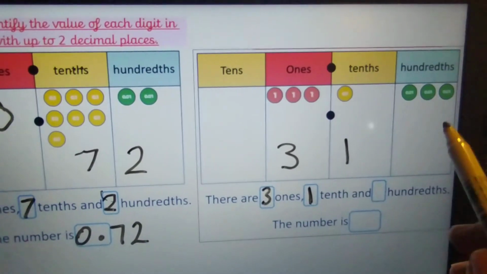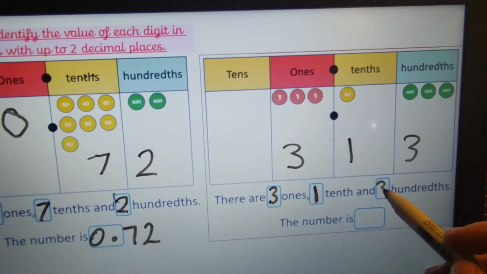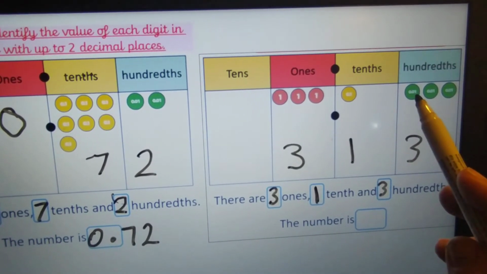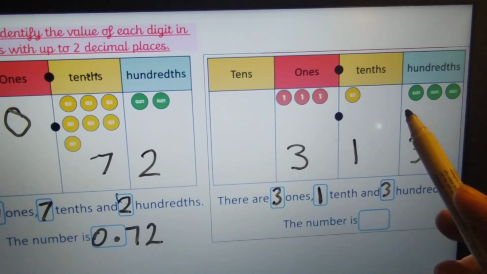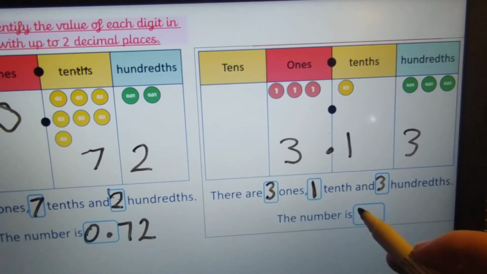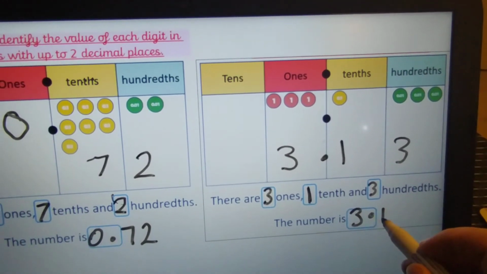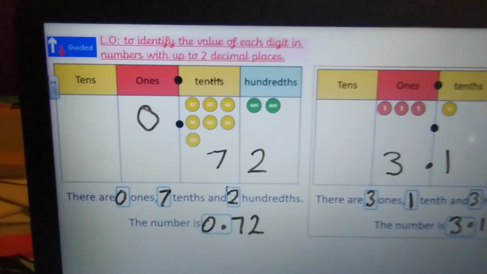So 1/10 there, and 3 in our hundredths column. So our number then, again, it's never going to fit in this box, is 3.13.